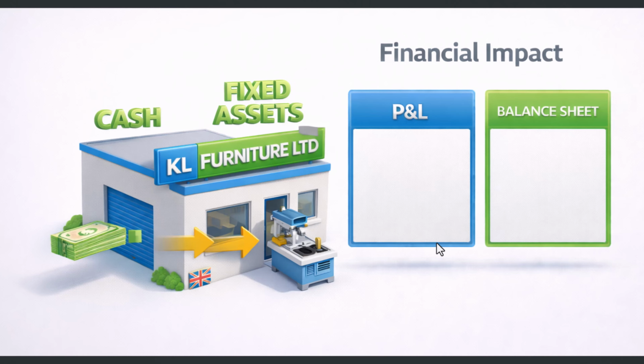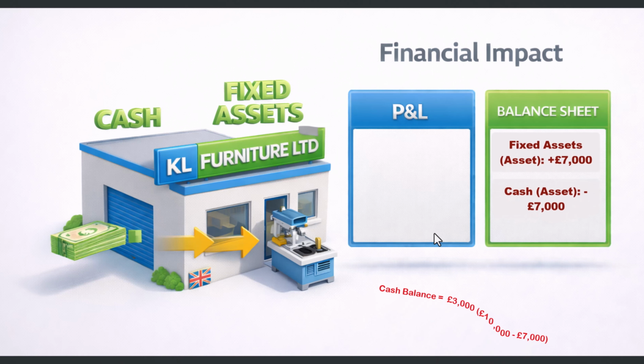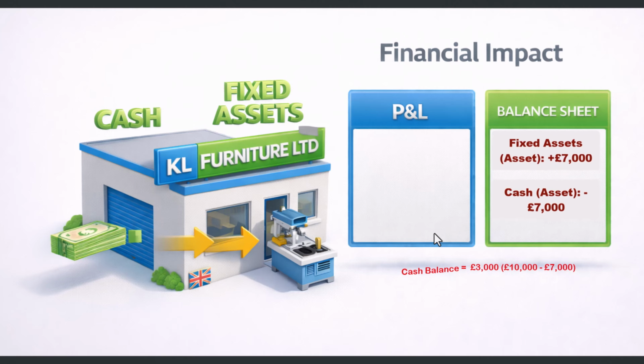It can be used or sold later. So this is not an expense. It's an asset. The result is fixed assets increase by £7,000. Cash drops from £10,000 to £3,000. No confusion, no debate, just logic.